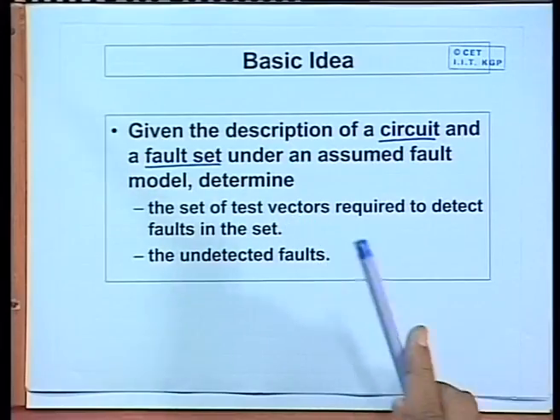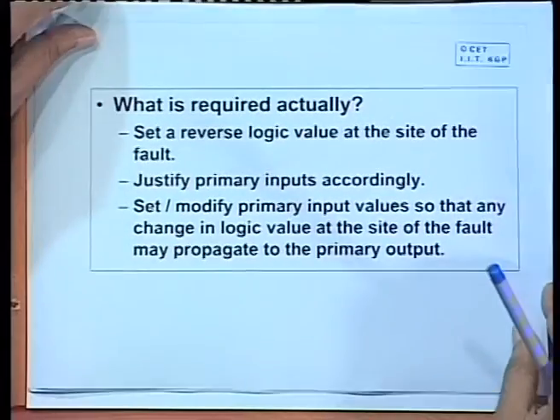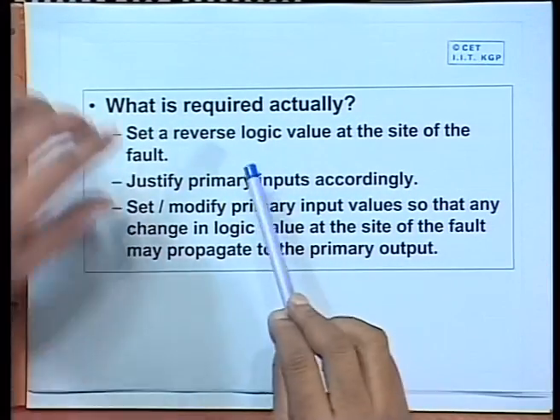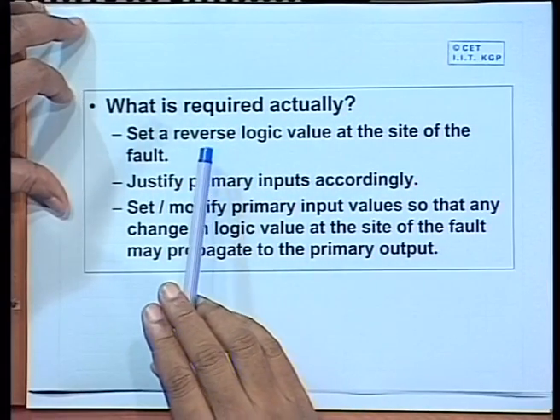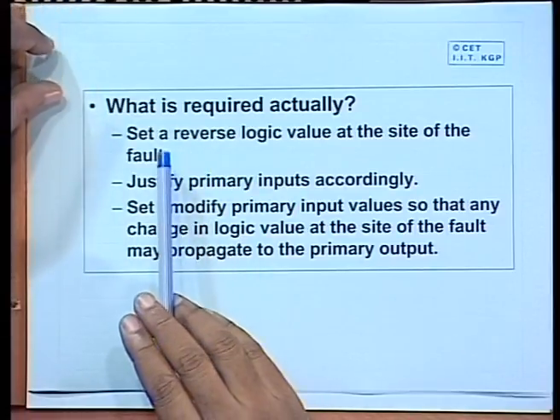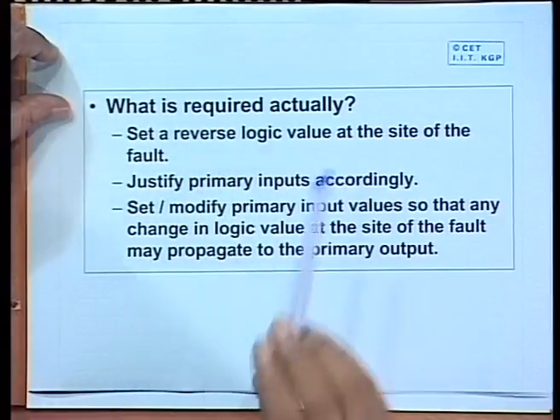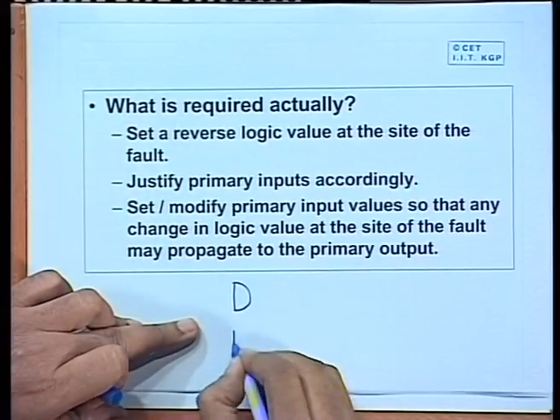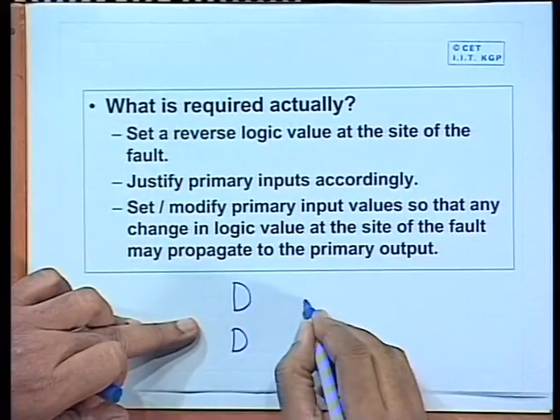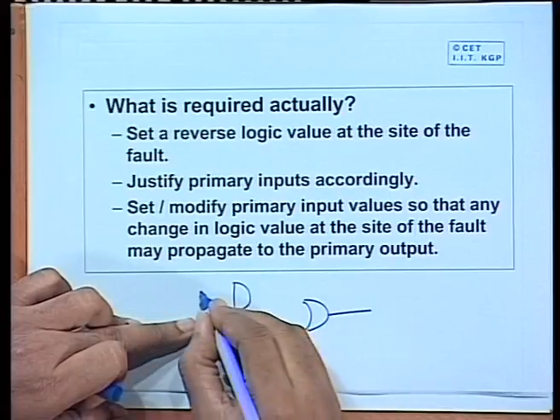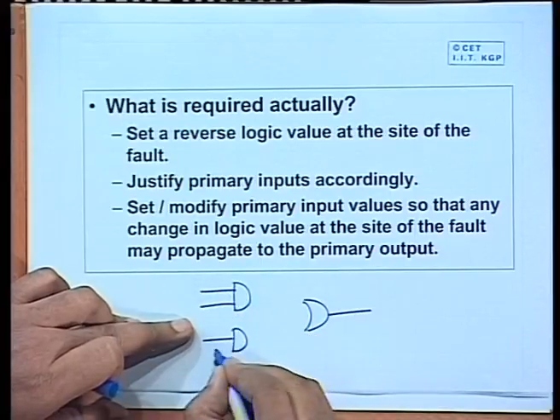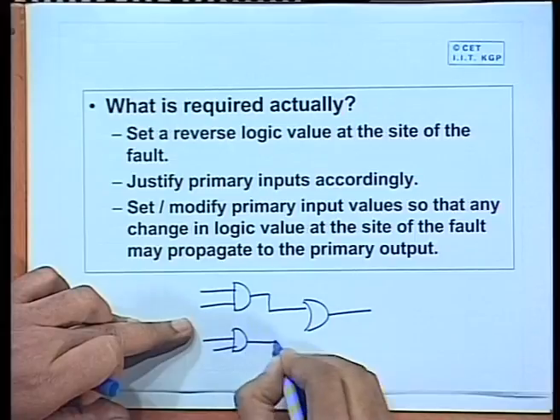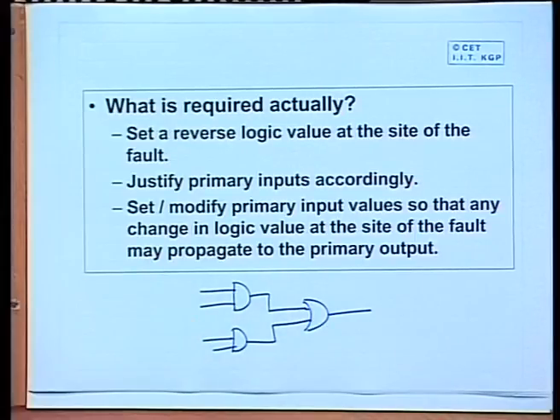Now, let us try to see what are the things that are actually required. The first thing is to set a reverse logic value at the site of the fault. Let us take a simple example. Let us take a simple circuit like this.